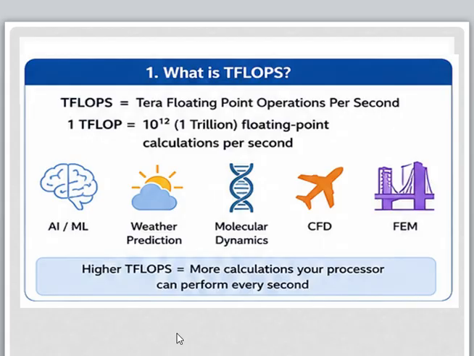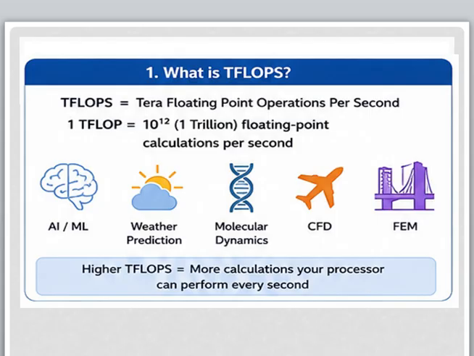So what is teraflop? We'll start with this question. Before jumping into the calculation, let's first understand what teraflop means. Teraflop stands for tera floating point operations per second. 1 teraflop equals 1 trillion floating point calculations per second, every second.